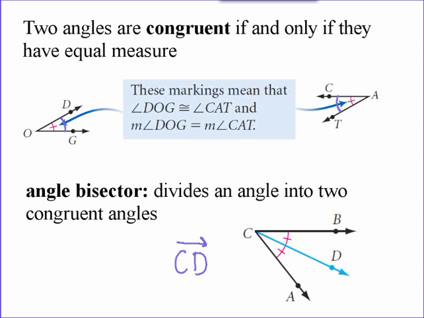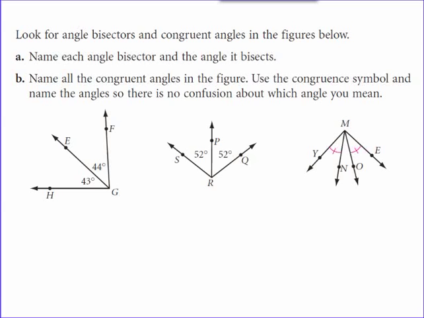Okay, let's look at the next one. It says, look for angle bisectors and congruent angles in the figures below. Name each angle bisector and the angle it bisects. In these three diagrams, which is an angle bisector?